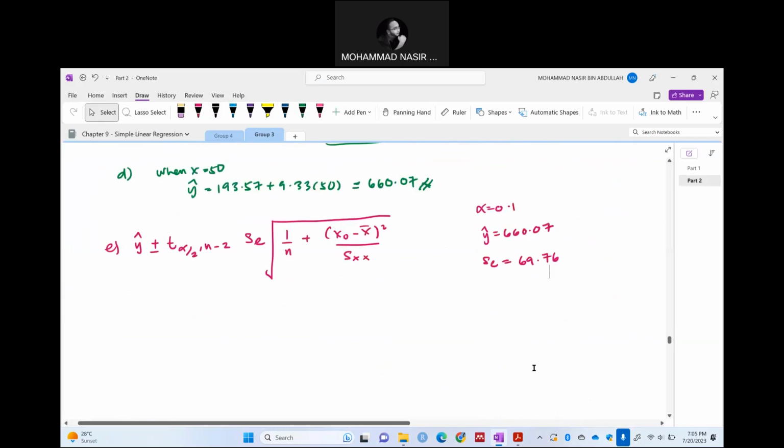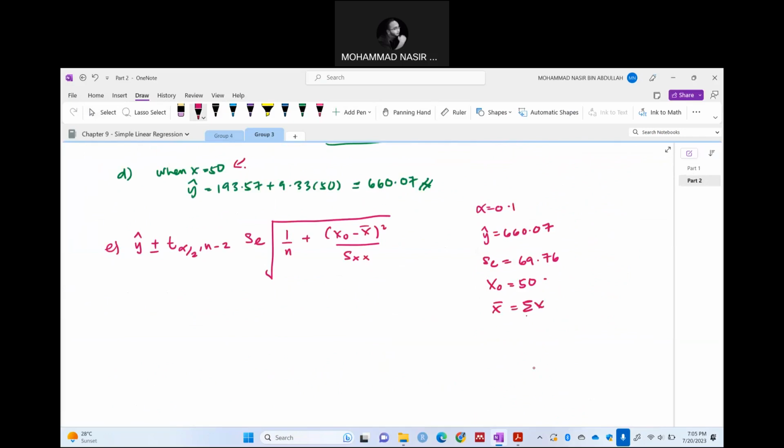Okay. And then x naught is equal to 50 based on the previous example. X bar is equal to summation of x over n. So this one should be equal to 432 over 10, 43.2. So basically that's all.